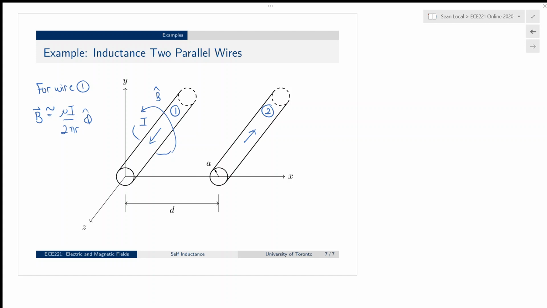Before we move on to wire 2, we need to recognize that the total B field produced by wire 1 and wire 2 is going to be the superposition of the two of them. So maybe we'll just write this over here just so we don't forget that the total B field is going to be the B field produced by wire 1 and the B field produced by wire 2. And since we ultimately need to find the magnetic flux from the B field here, before we get too far, we should think about over what surface we are going to integrate to find phi.